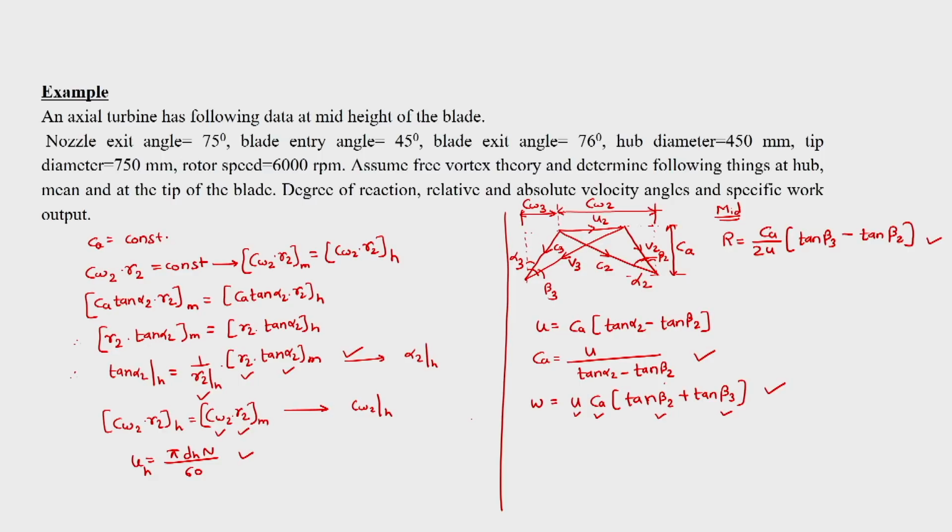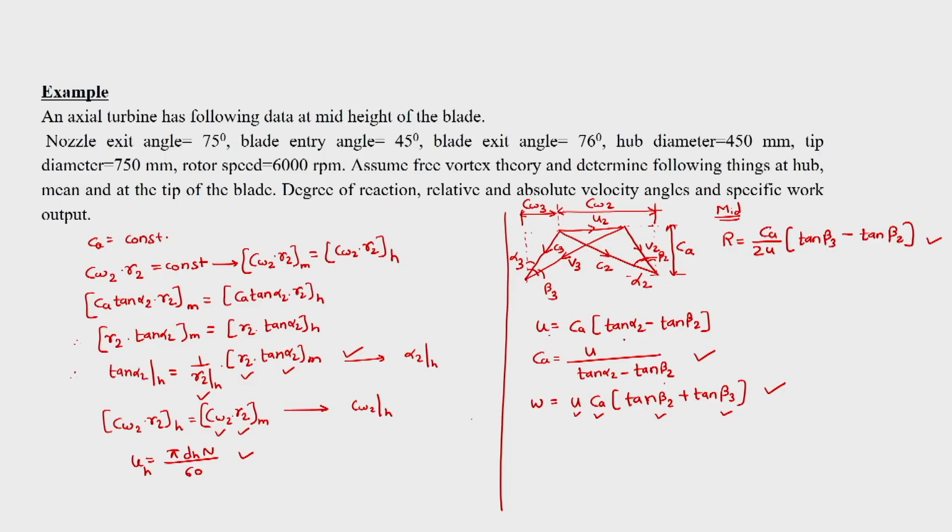So by this we know what is U at hub. So we can use this formula, where we have U at hub, this is constant Ca, alpha 2 at hub and beta 2 at hub. So we should know what is beta 2 at hub.